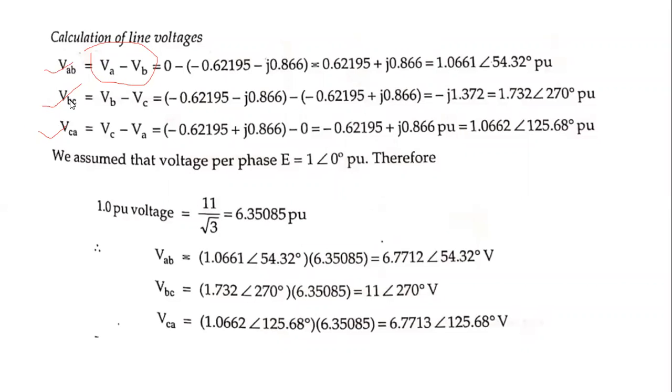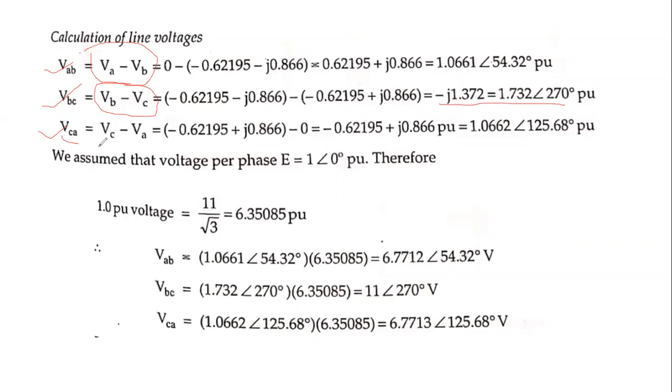Next we calculate the VBC. What is the formula for VBC? VBC is equal to voltage across the B phase minus voltage across the C phase. Therefore VB is equal to minus 0.62195 minus j 0.866, minus VC, which is equal to minus 0.62195 plus j 0.866. Therefore the VBC value is this.